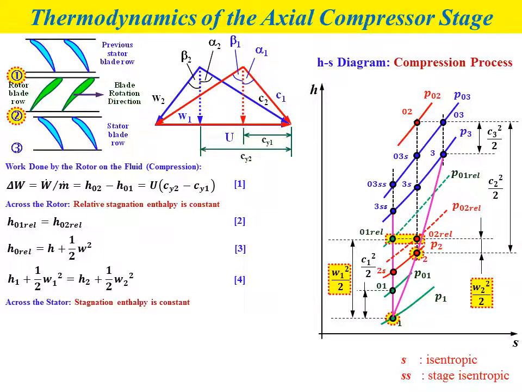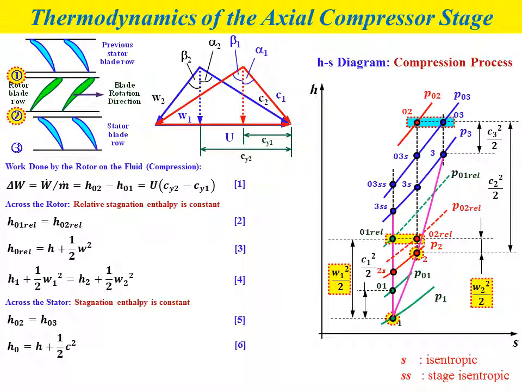Across the stator, the stagnation enthalpy is constant, where H02 equals H03. For the stator, the stagnation enthalpy at the inlet of the stator equals the stagnation enthalpy at the outlet of the stator, represented by equation number 5. If you look at the HS diagram, the points for H02 and H03 are located on the same horizontal line, which shows that the values are equal.